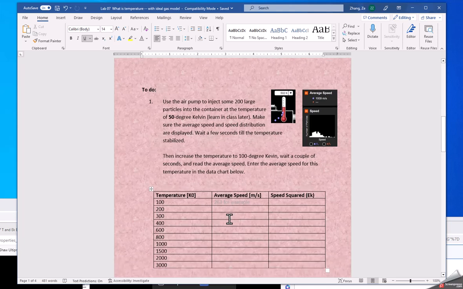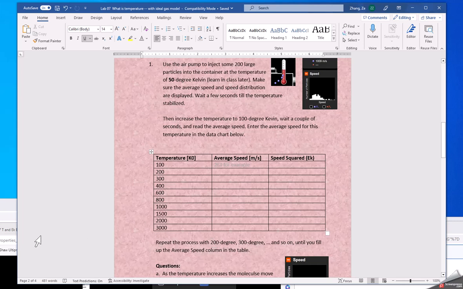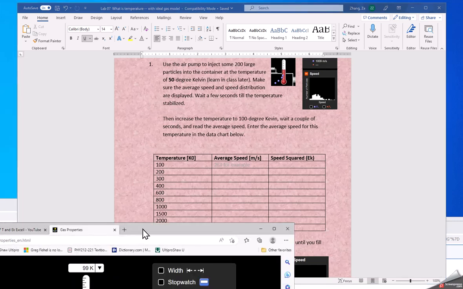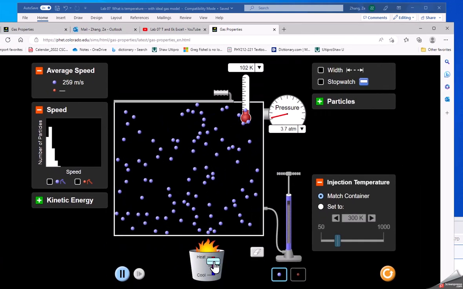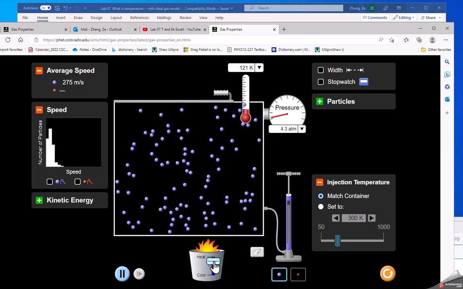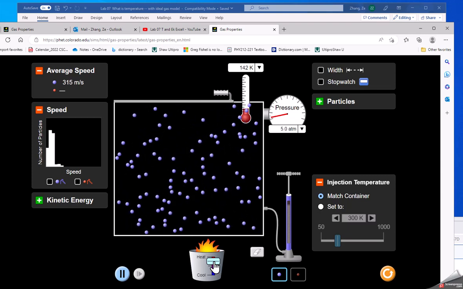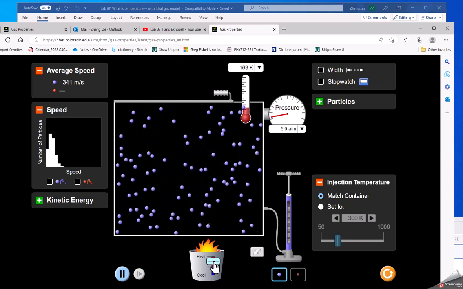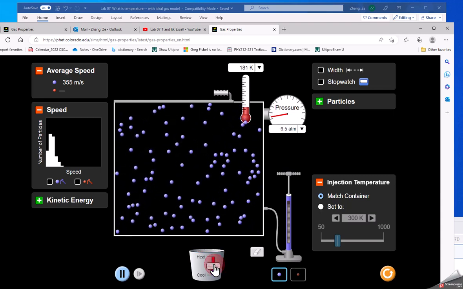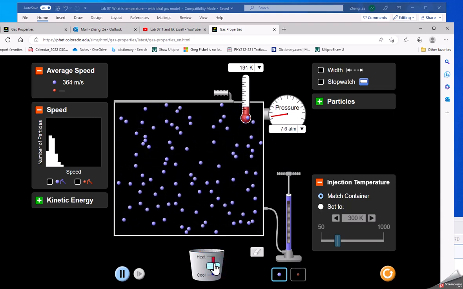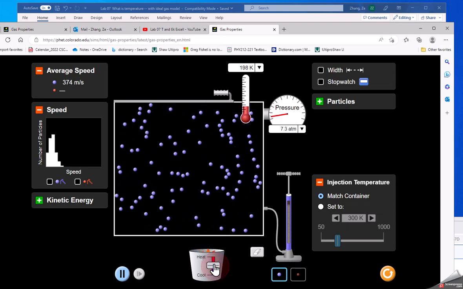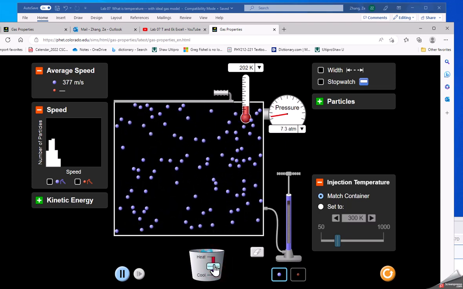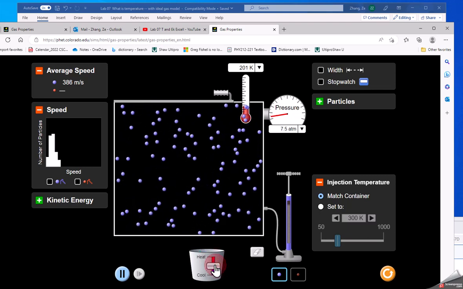Then you adjust it to 200 degrees, give some fire, and it will go to 200 degrees. You try to be as accurate as you can, but give the table some time to stabilize. Then you see the random nature, or people call it stochastic. It's always a fluctuation, but there it is.